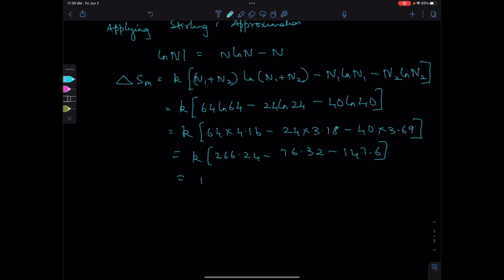So we get 42.32 k joules, where k is Boltzmann's constant.